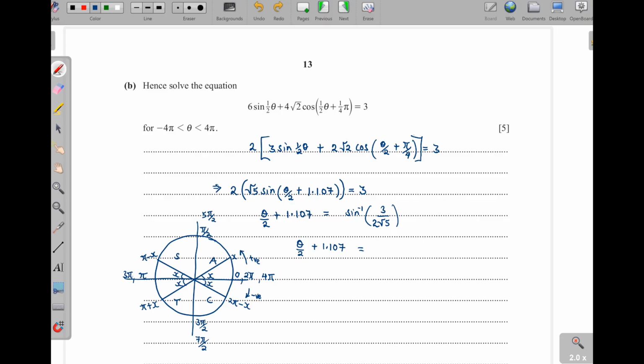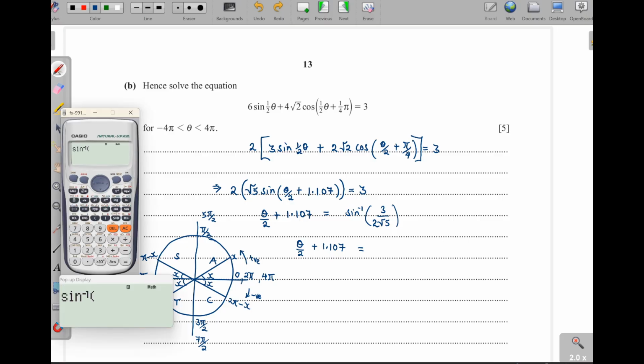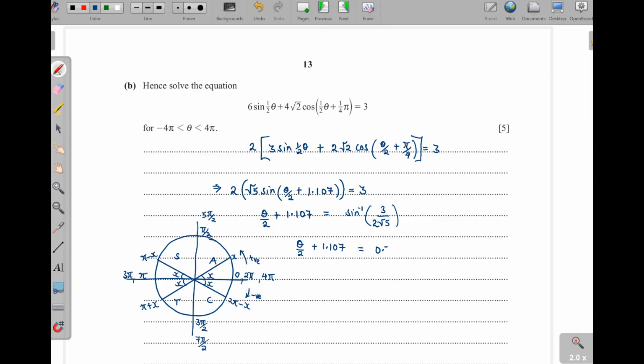Now let's proceed. Arc sine of 3 over 2 root of 5. Then this one is giving us 0.735 and the rest of those figures. But since we are given 1.107, which is 3 decimal places, the least number of decimal places I can have for this should be 3, but I'm going to take 4. 0.7353.